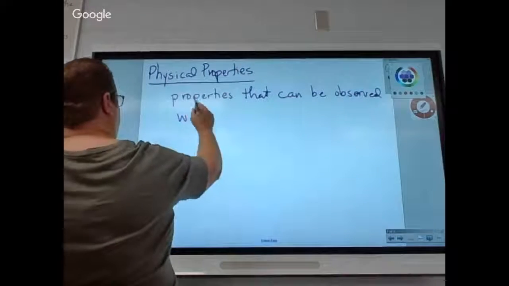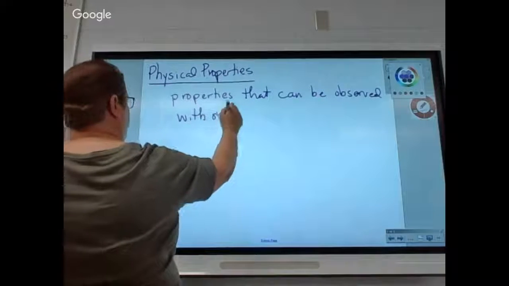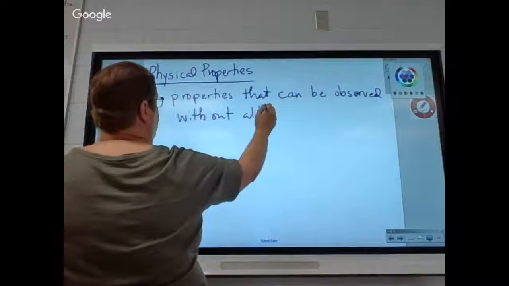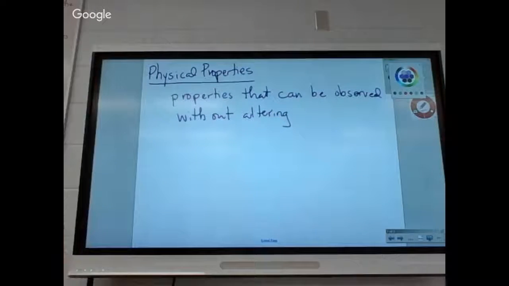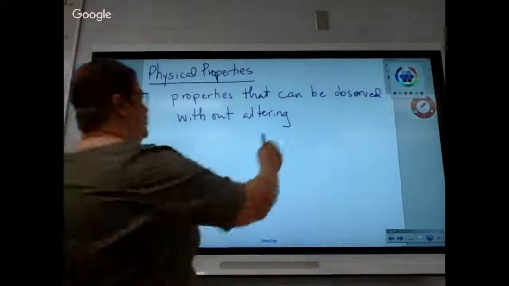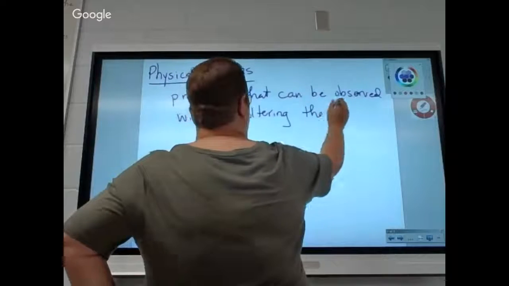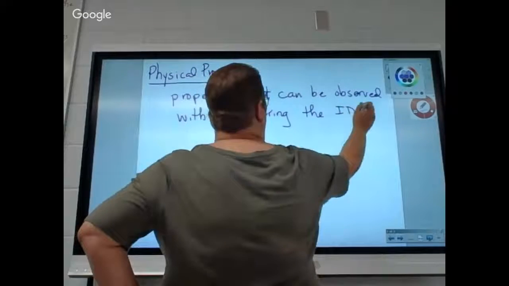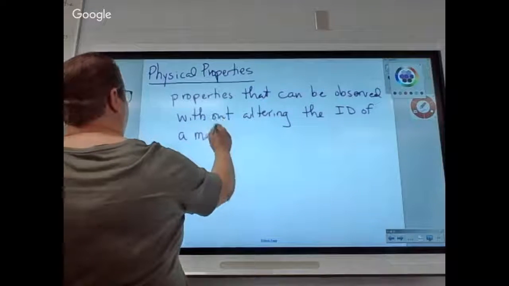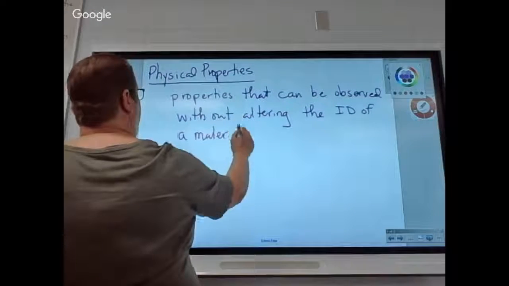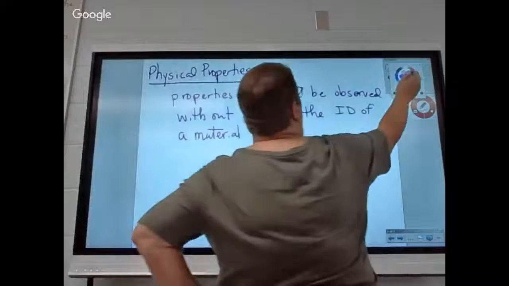If you don't shut up about the bus, you're going to be sitting out in the hallway by yourself. All right, properties that can be observed without altering the identity of a material. We're going to talk about what properties are in a moment, dear.